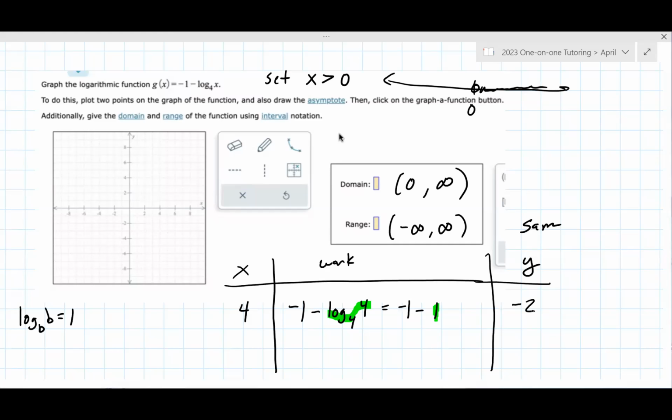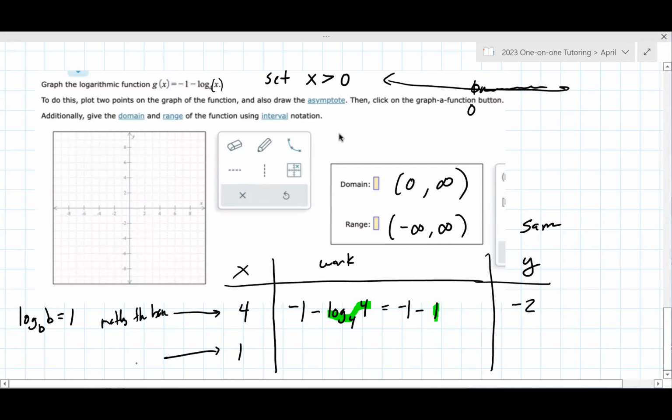The next number you choose is whatever makes the part inside the parentheses, which I've conveniently deleted again, equal 1. So in this case, just 1. This is because it matches the base. This is because the inside part is 1. Here's why: -1 minus log base 4 of 1.